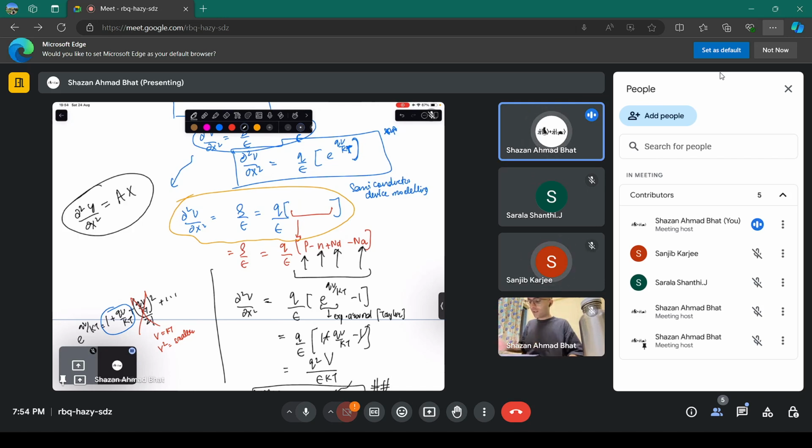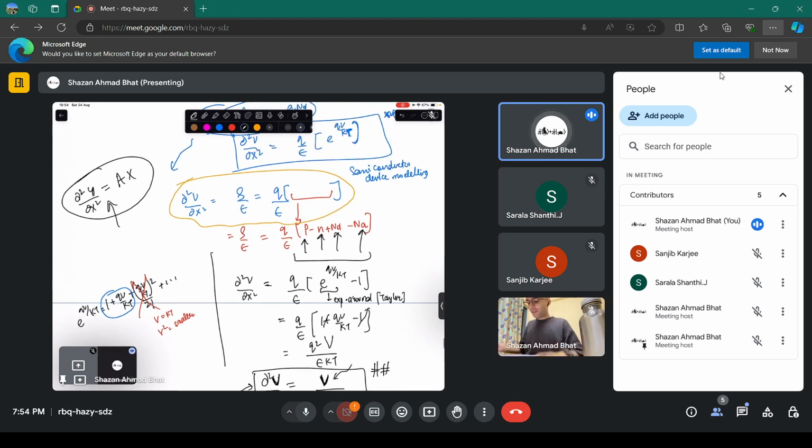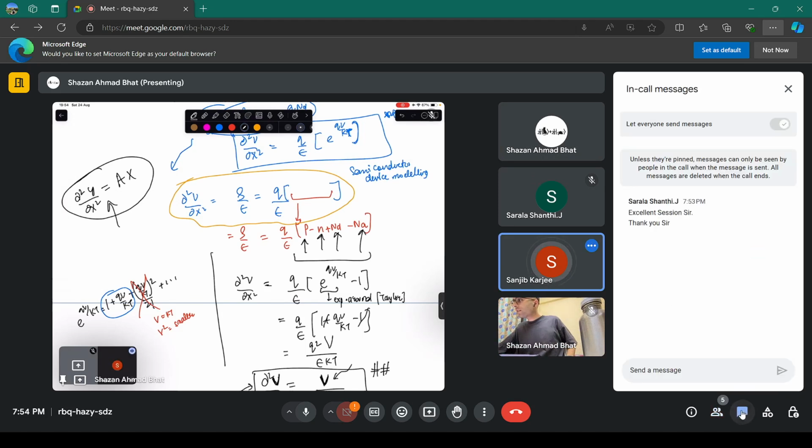You can solve this, right? It is a very easy task to solve. You might require some steps, but you can solve it. Thank you for your simplification, sir.